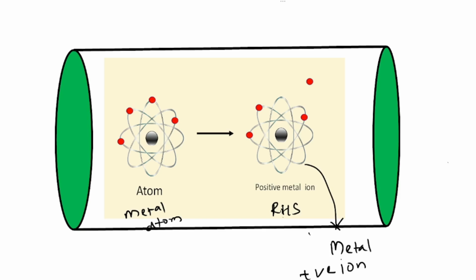So in a metallic strip, there are thousands of positive metal ions and thousands of free electrons. No, crores and crores of free electrons and crores and crores of positive metal ions are there in a given metal strip.